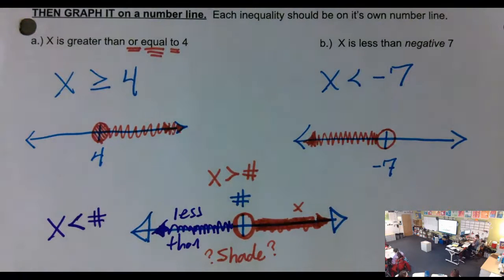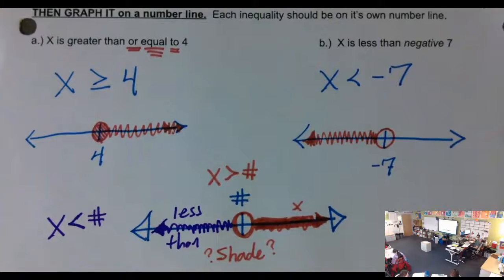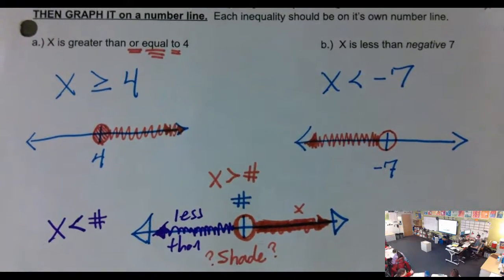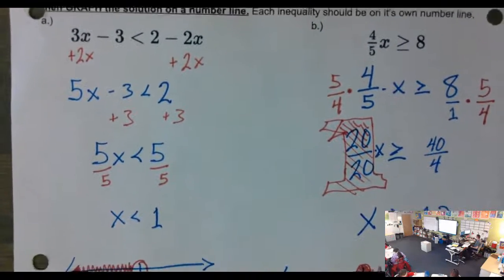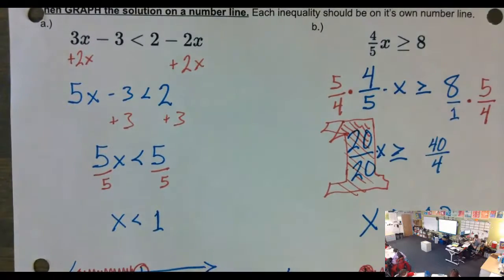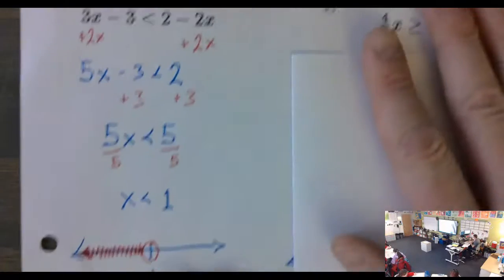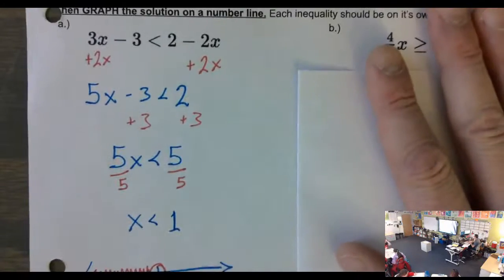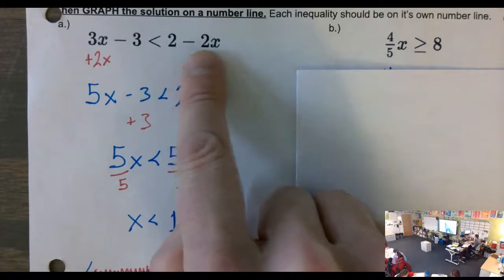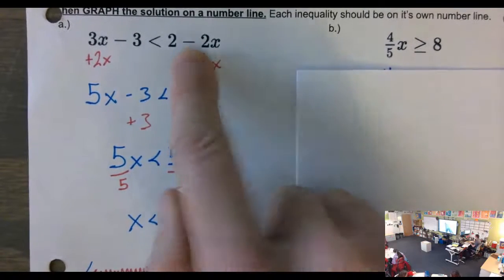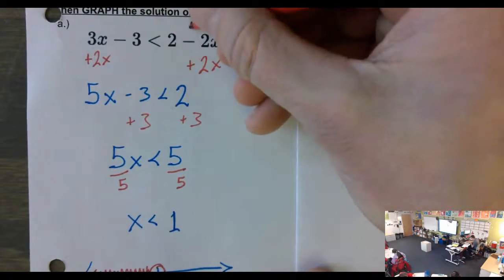And then number 4 was combining 1, 2, and 3, right? Number 4 has us doing stuff on both sides. So here, let's only look at A first. There are multiple options, but since I have a negative variable, remember that minus goes with it.